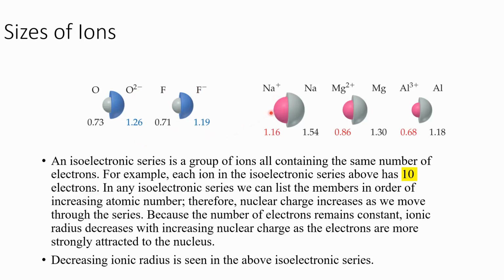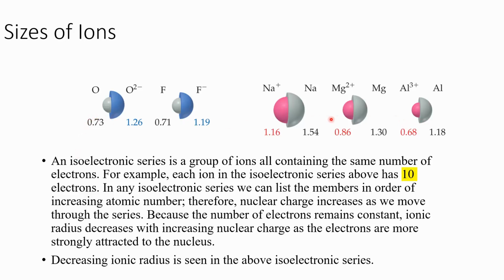Sodium 11 loses 1, becomes 10. Mg 12 loses 2 electrons to become Mg plus 2, 10. Aluminum 13, the atomic number, loses 3 electrons to become Al plus 3, 10.